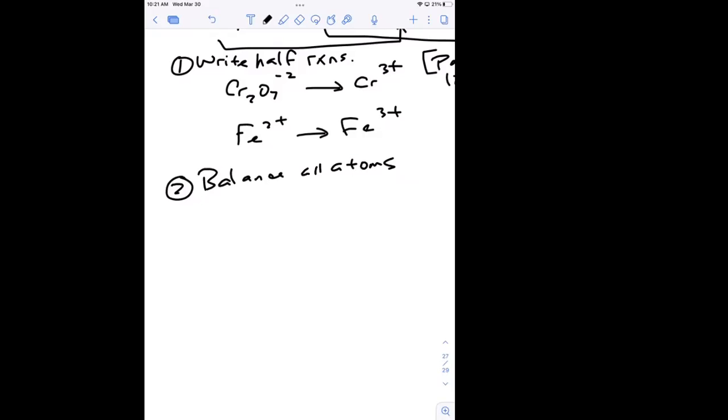So let's look at it. How do I balance Cr2O7 2- going to Cr3+? Don't worry about the oxygen part, because there's a specific step for that in the third step. So again, how do I balance this chromium? What would you do?